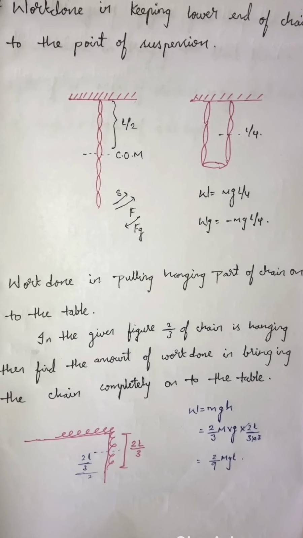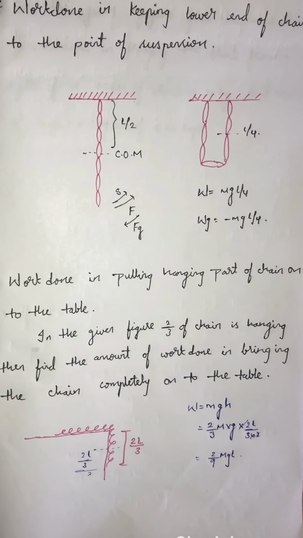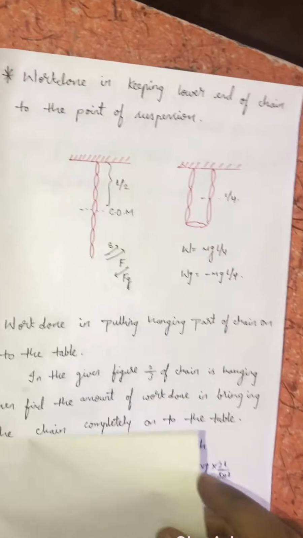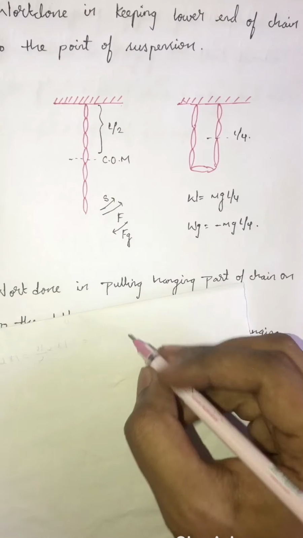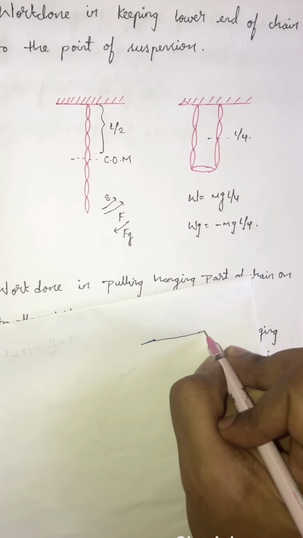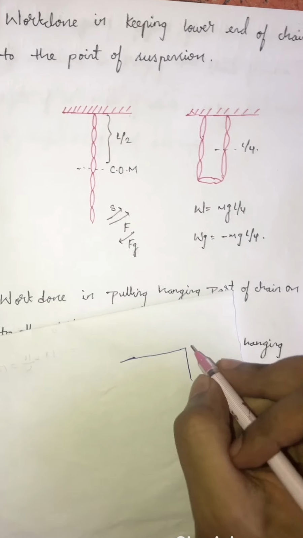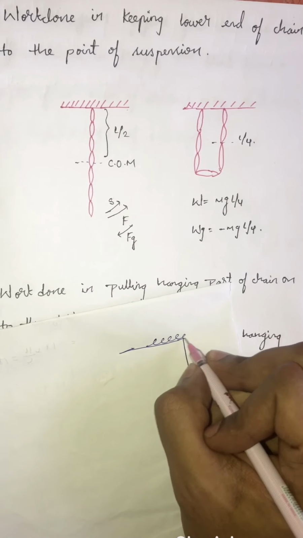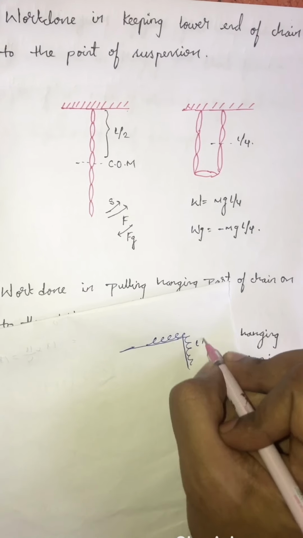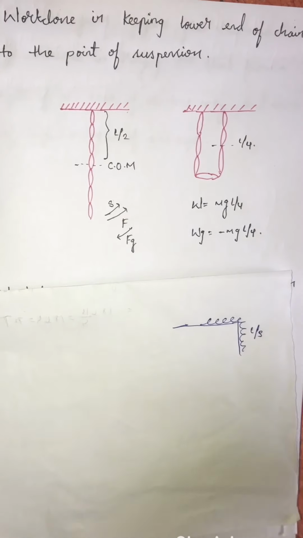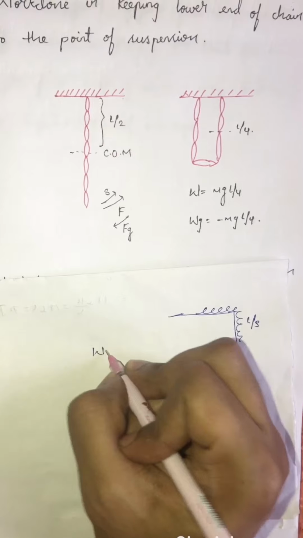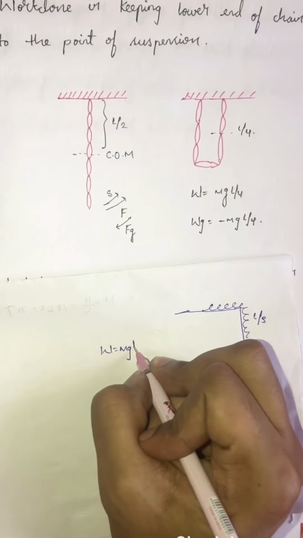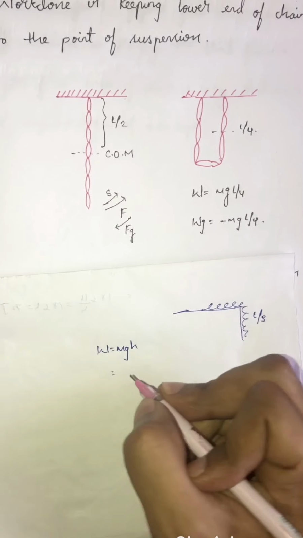So let's do another problem. If the work done in bringing one-third of the chain, that is the L/3 part of the chain, back onto the table. As we know, work done will be equal to mgh. The mass will be m/3, as only one-third of the chain, into g.